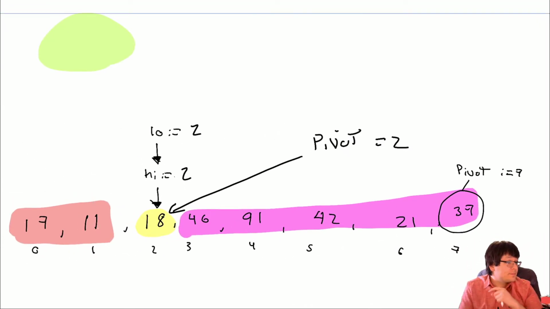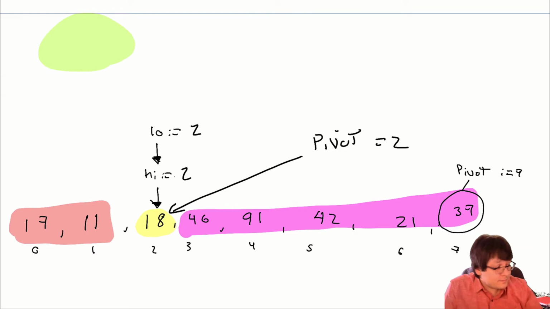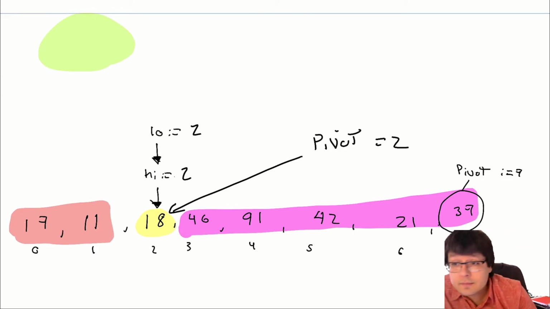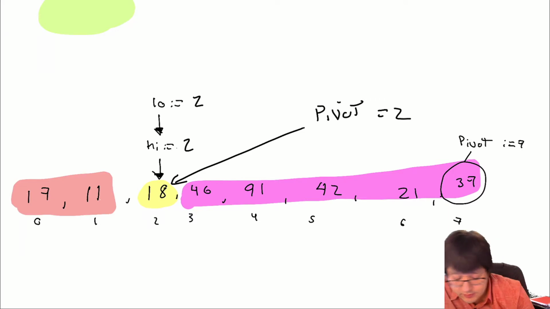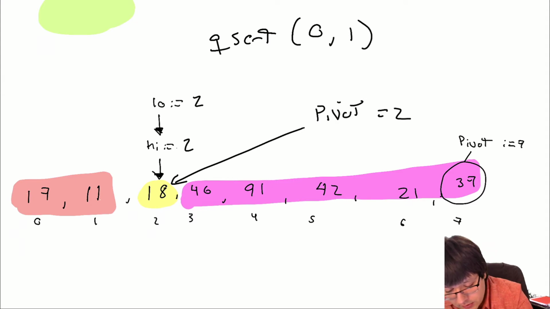Okay. So now we are running another iteration of this. So we're gonna do the left side. The left side would be basically Quicksort 0, 1, name of the array, and that's it.